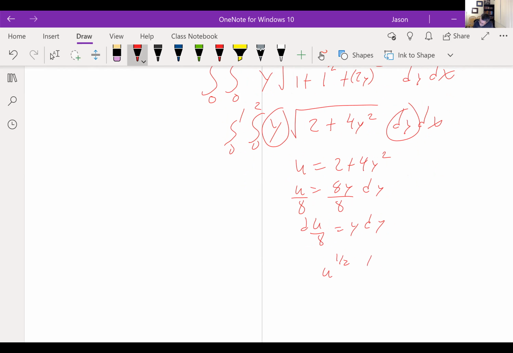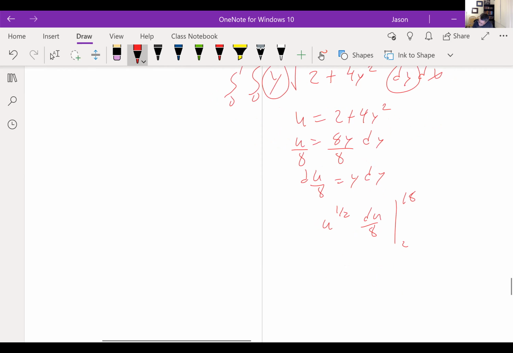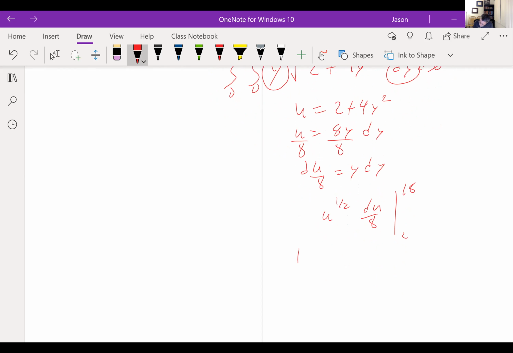What are the limits here? Plug that in, 2 and 18. So this is going to be 1/8 times the square root of 18 minus the square root of 2.